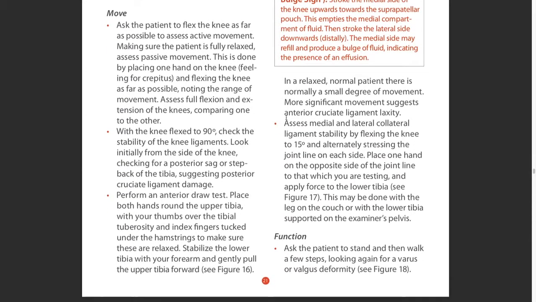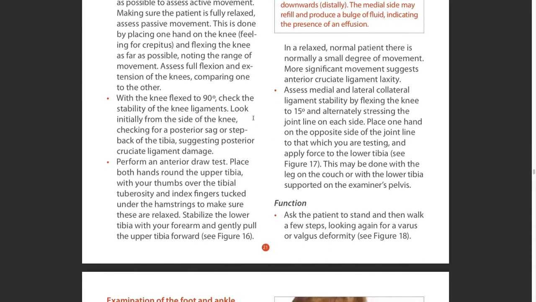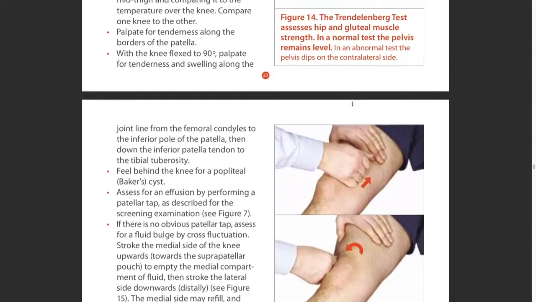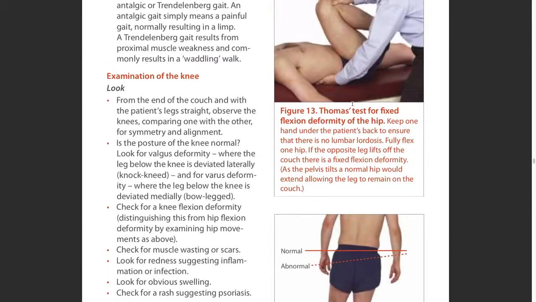Next, move. Flex and extend, active first, and then passive, and then check for posterior sag, do anterior draw and possibly posterior draw, and then assess medial and lateral collateral ligament. That's all for your REMS of the knee.